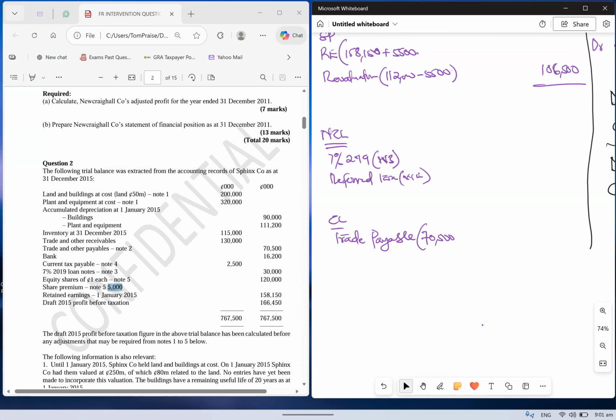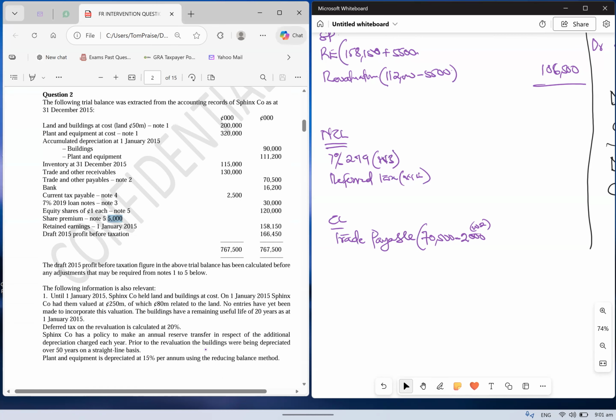All right. So we already know that we are supposed to reduce it by 2,000 from working 2, right? We already know that. So let's see what the other notes will bring. If there is nothing, then that is it. But we also know that we need to do current tax. And once we do tax, we will bring it.